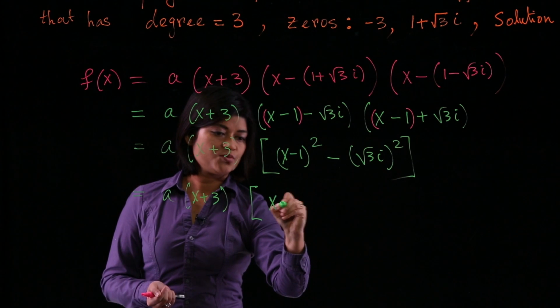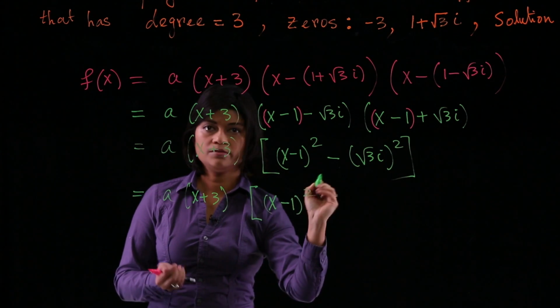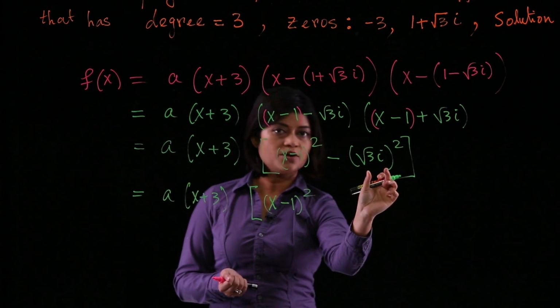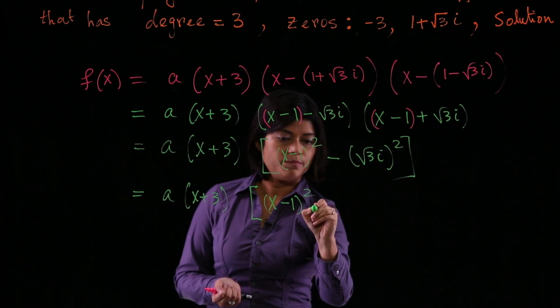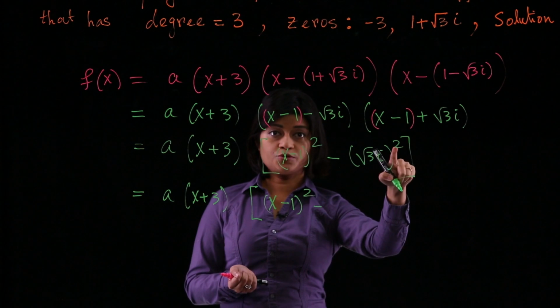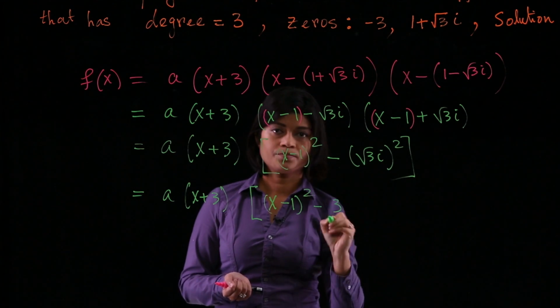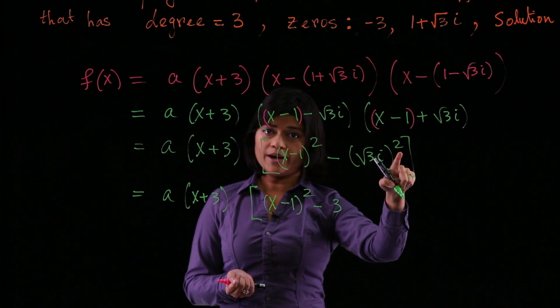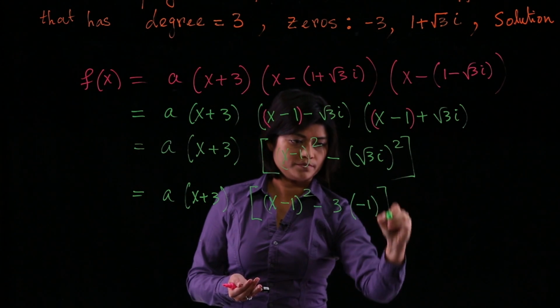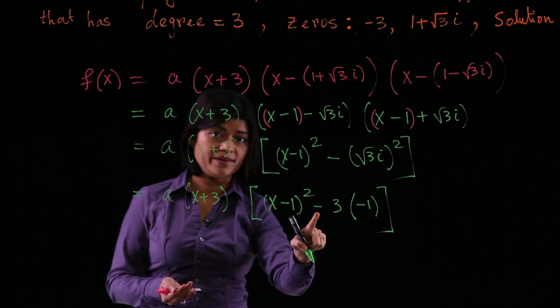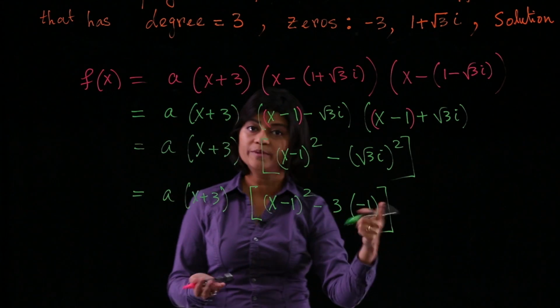We have x minus 1 squared, which we will expand. But let's figure out what this term will be. This is minus the square of the square root of 3, which is just 3, and we have i squared. You know i squared is -1. So be careful, because we also have a negative sign in the front. So this will actually become a positive 3.